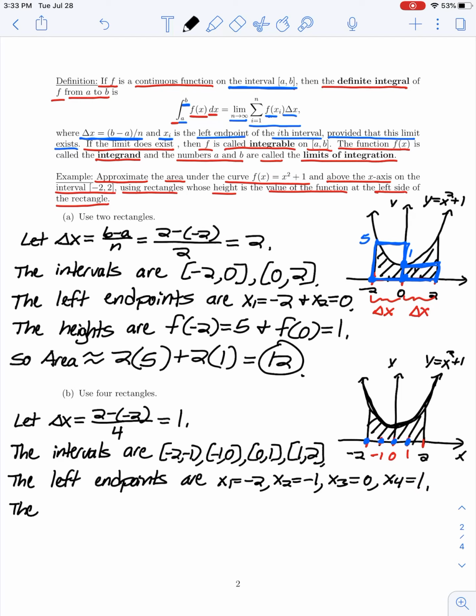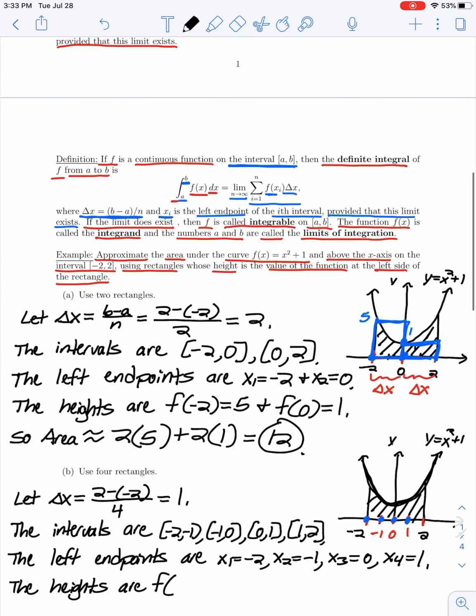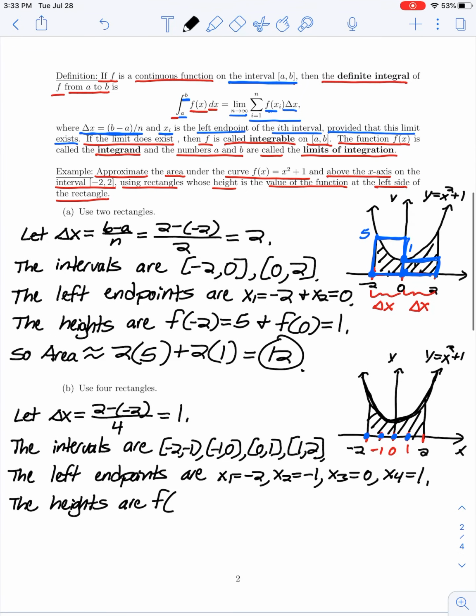So for the heights of our rectangles, we're going to take the value of the function at these left endpoints. So starting with our first one, f of -2 is 5. f of -1 is 2. f of 0 is 1. And f of 1 is 2.